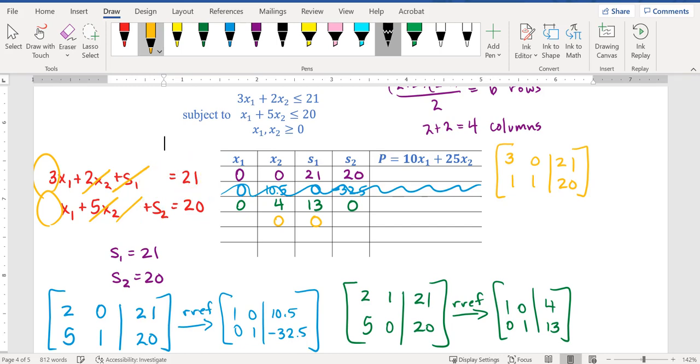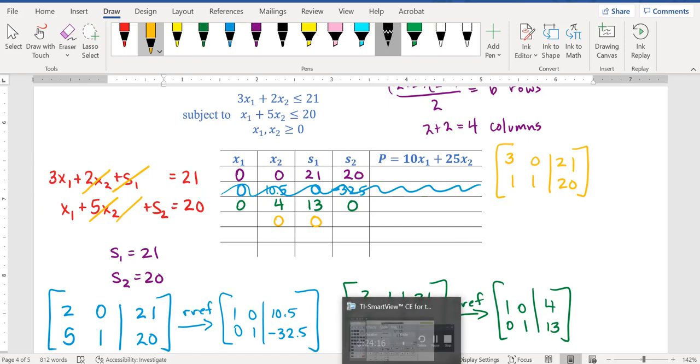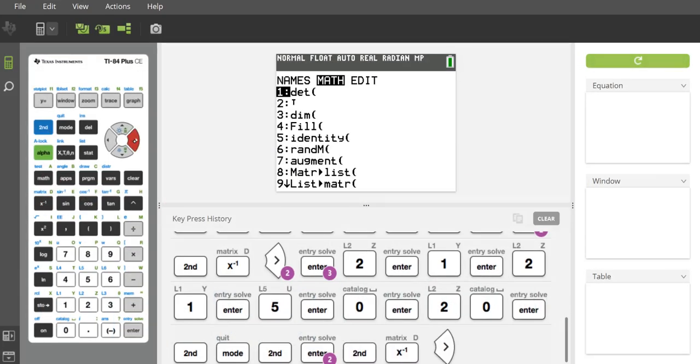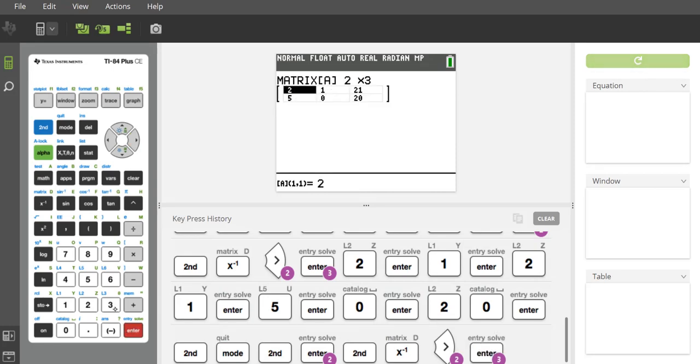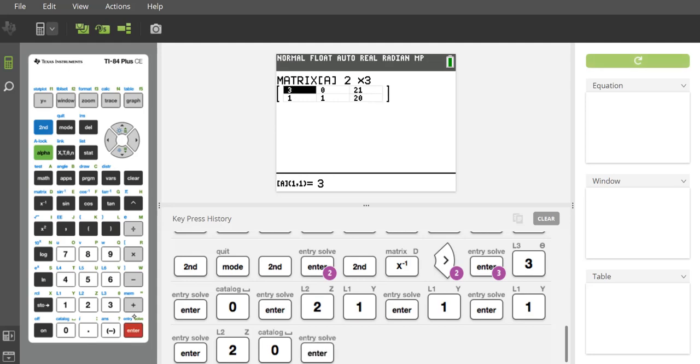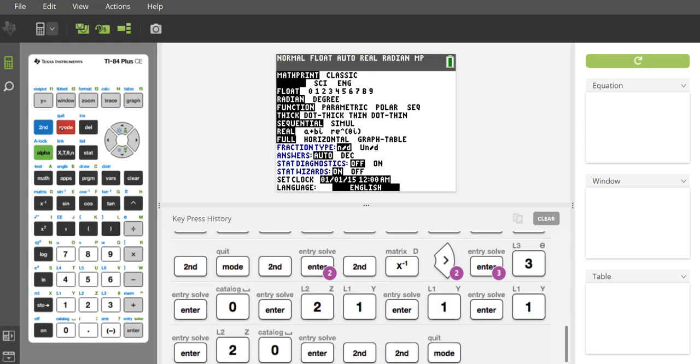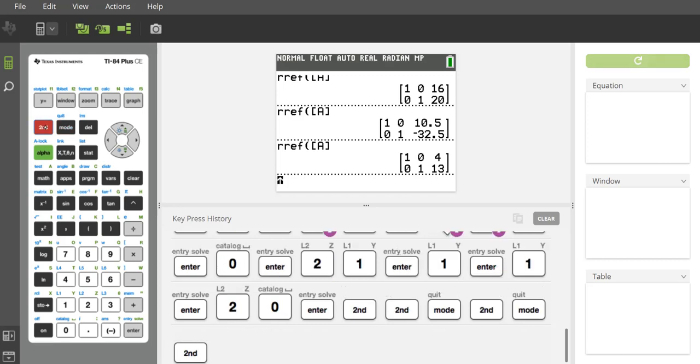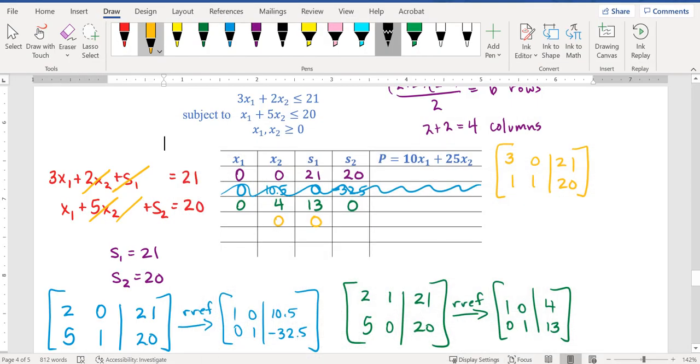All right, here we go. 3, 0, 21, and then 1, 1, 20. Seven, 13. 7 for x1, 13 for s2.